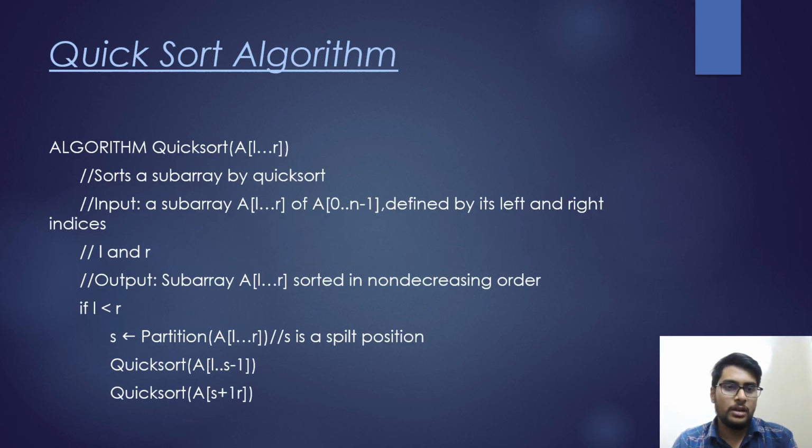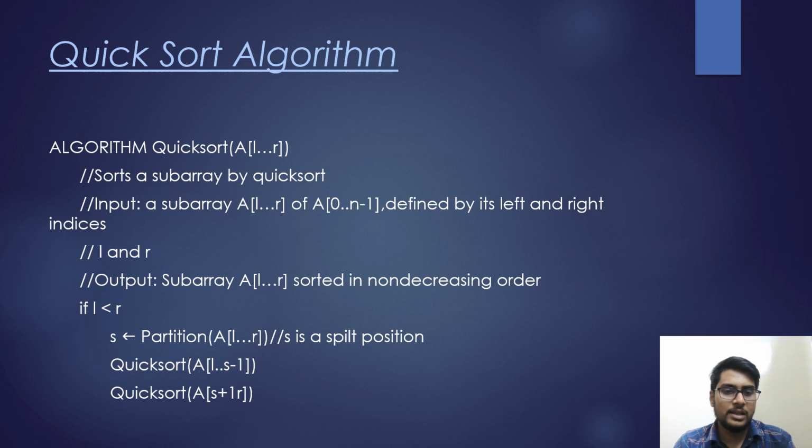Now let us learn about the algorithm for Quicksort. Quicksort of A[L..R] sorts a subarray by Quicksort. Input: a subarray A[L..R] of A[0..n-1], defined by its left and right integers L and R. Output: subarray A[L..R] sorted in non-decreasing order.